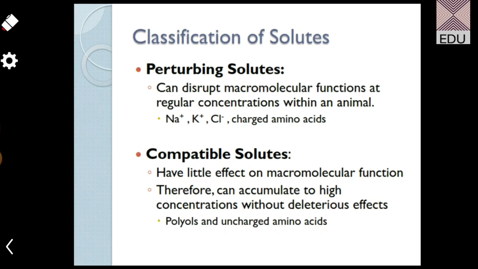So these are some of the animals which perform regulatory mechanisms for osmoregulation. So students, in the next lecture we'll be talking about these solutes which can be perturbing solutes or compatible solutes.